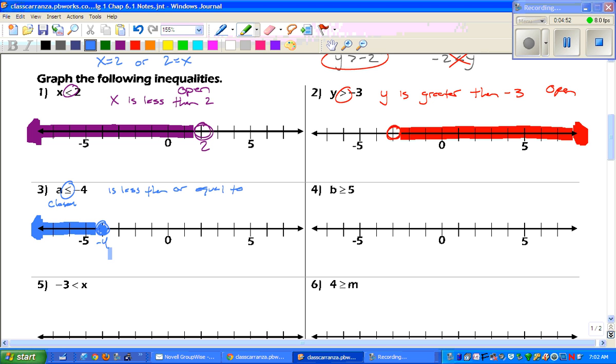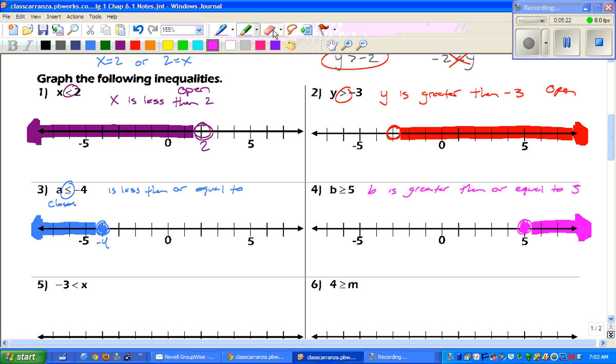And just like when we were drawing our graphs, we always have the arrows at the end so we can see where it's going. This one is saying b is greater than or equal to 5. So at 5, it's a closed circle, and then greater than or equal to, shade to the right.